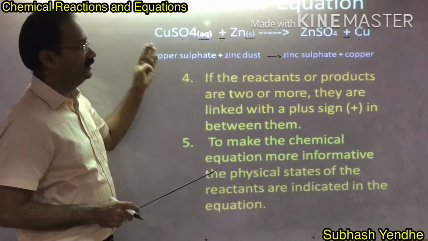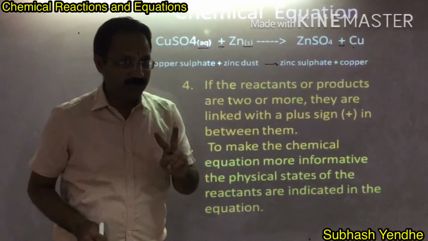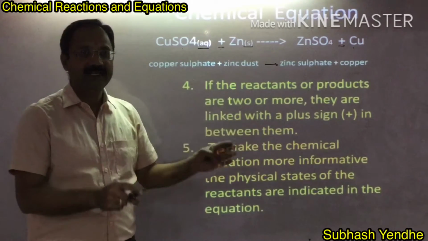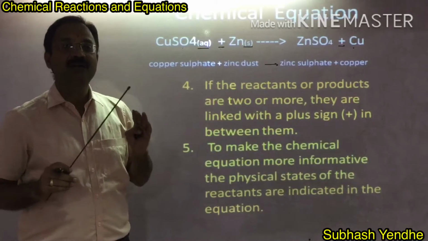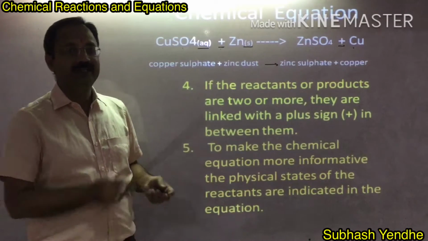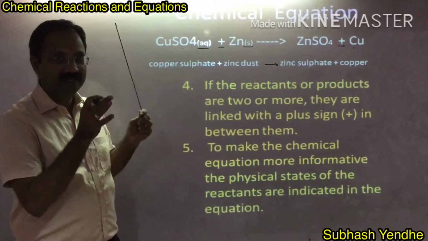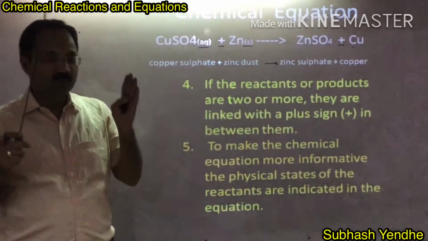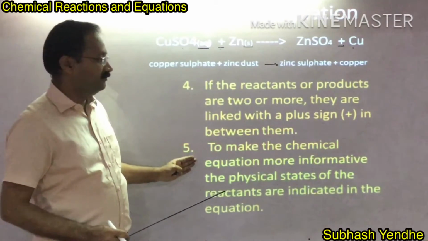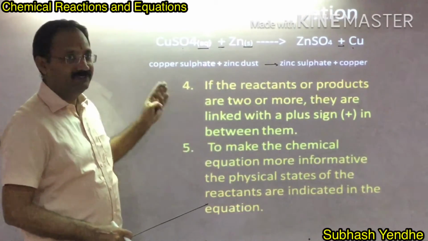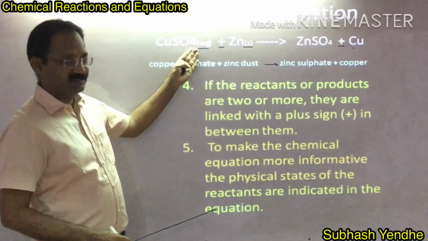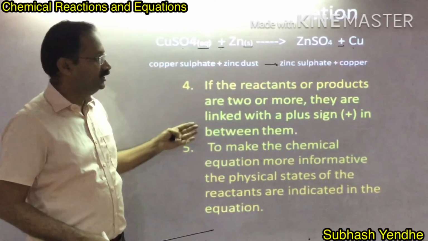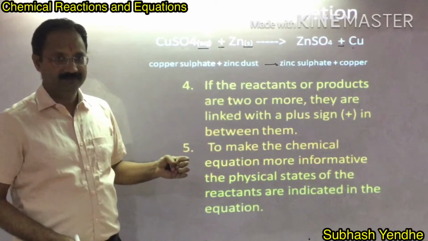Points number 4 and 5: if the reactants and the products are more than two, write the plus sign in the middle of them. Then the 5th point, to be more informative, we have to write the physical state of the substance, meaning liquid, aqueous, solid and gaseous form.